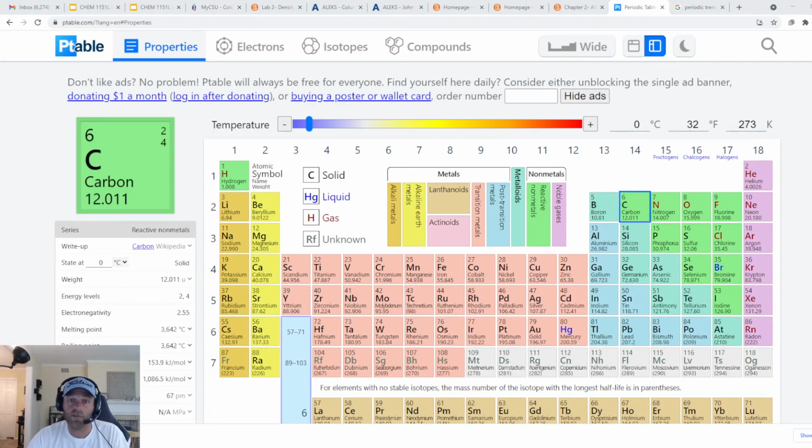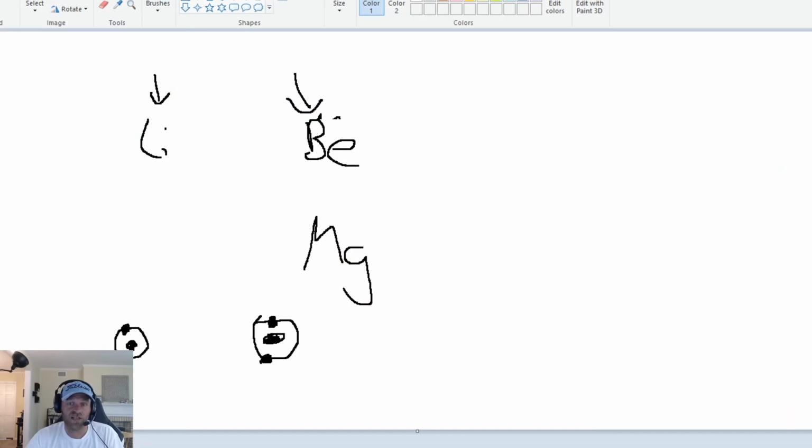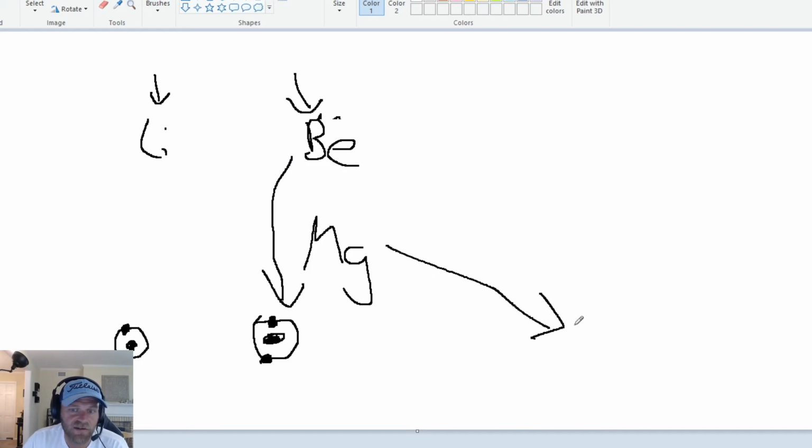But when you're going up and down, oh, where's my paint? So say from beryllium to magnesium, you're actually adding energy levels, right? So if I'm drawing, this is beryllium here. Let's do magnesium here. Magnesium, roughly about the same size nucleus, right? But what it has is more energy levels.